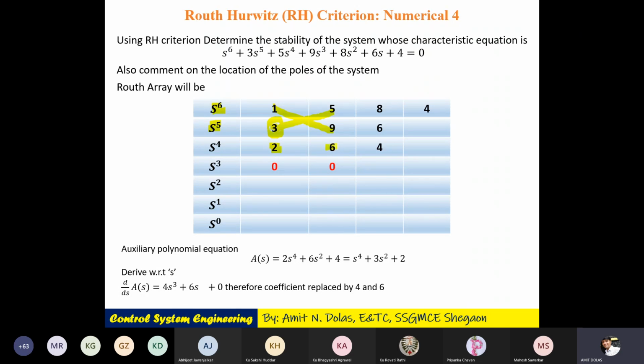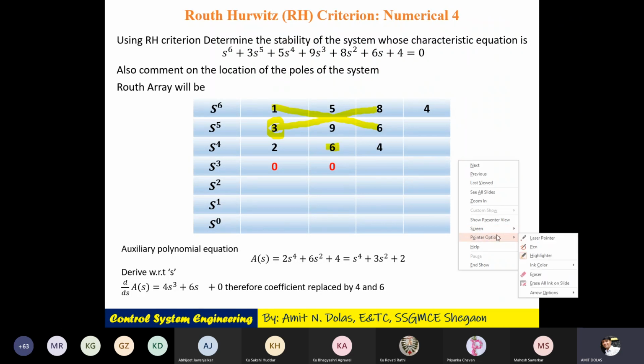Let's go for another element. Keep going next until the end. For this element, referring to it, we don't take 9 now, 3 into 8, 24, minus 1 into 6, 6. So 24 minus 6 is 18. 18 divided by 3 will be of course 6.